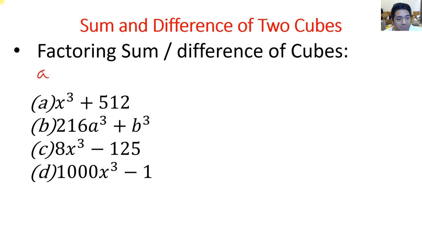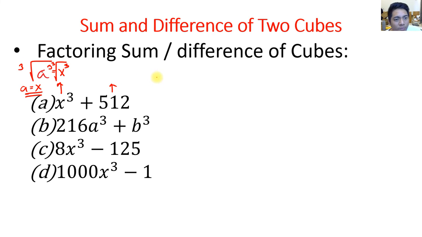Most probably, your a cubed here is x cubed, and if you get the cube root of both sides, a equals x. So it can be noted that it can be factored into cubes. How about 512?